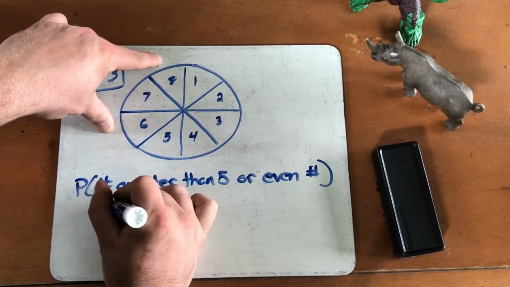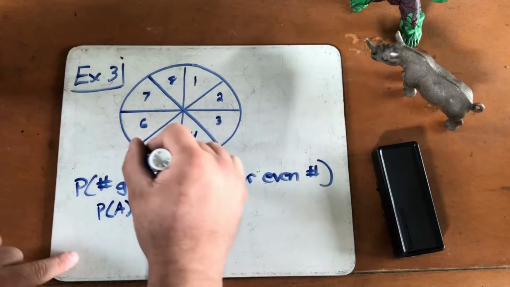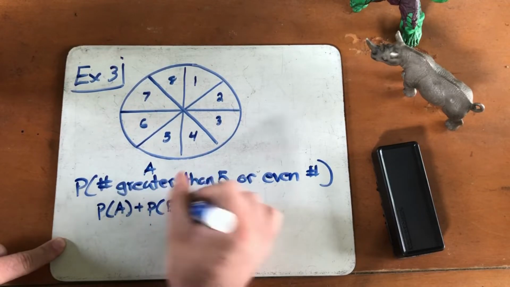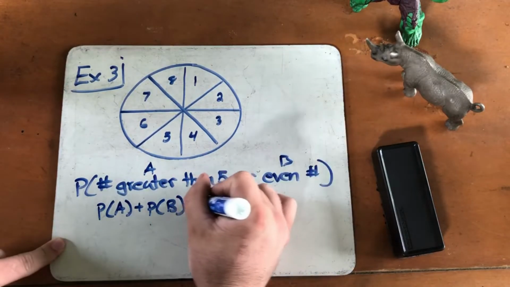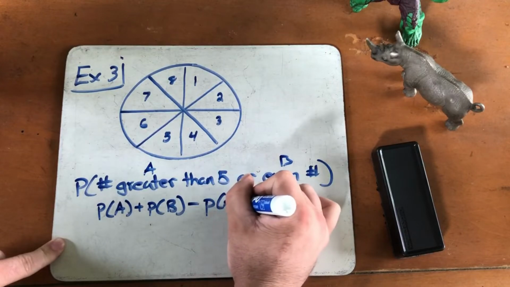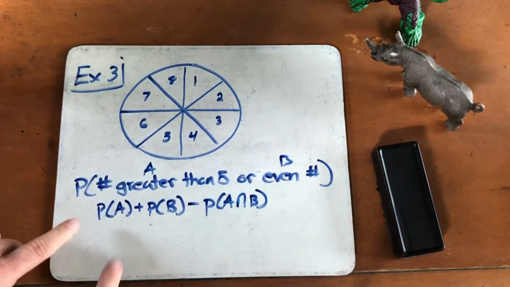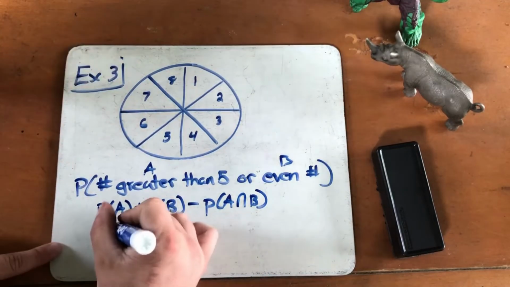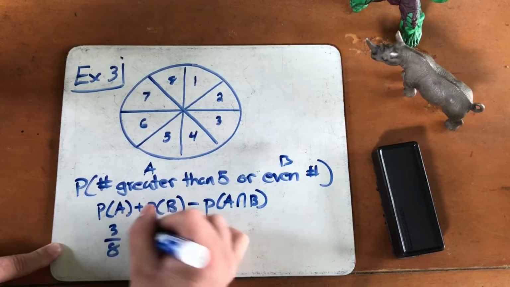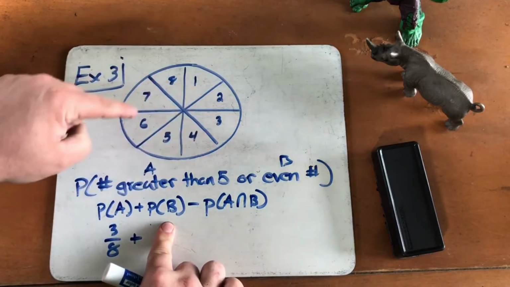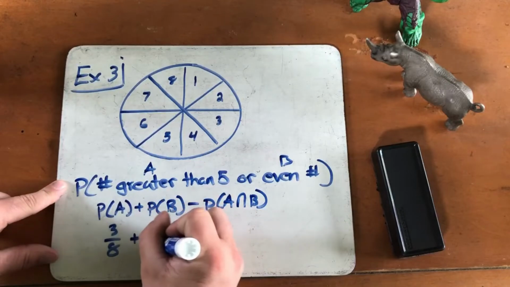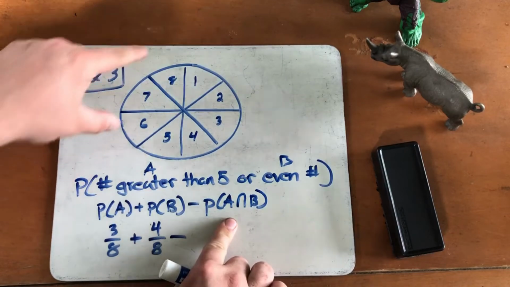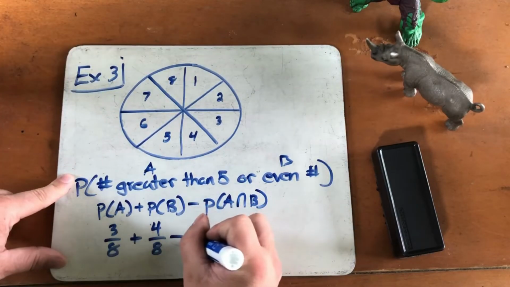So when I find the probability, I have the probability of event A, which is what I'm going to call a number greater than 5, plus the probability of event B, which is what I'm calling an even number, minus the probability of A intersection B. So numbers greater than 5, 6, 7, 8, that is 3 out of 8, plus the probability of B, even numbers 2, 4, 6, and 8, that is 4 out of 8, minus the intersection or the overlap, 6 and 8, that's 2, so minus 2 out of 8.